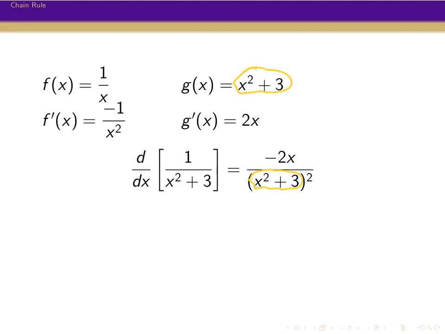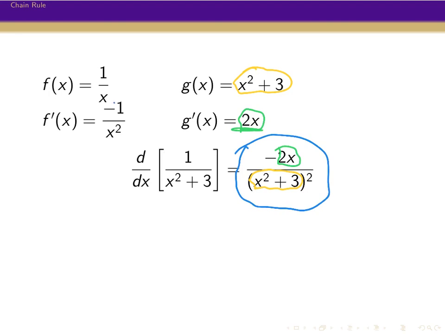And we've got x squared plus 3 sitting right there. We've got a 2x on top, and that sort of matches 2x right there. And then if we look at the shape of everything going on here, I've got a minus on top and then something squared on the bottom.